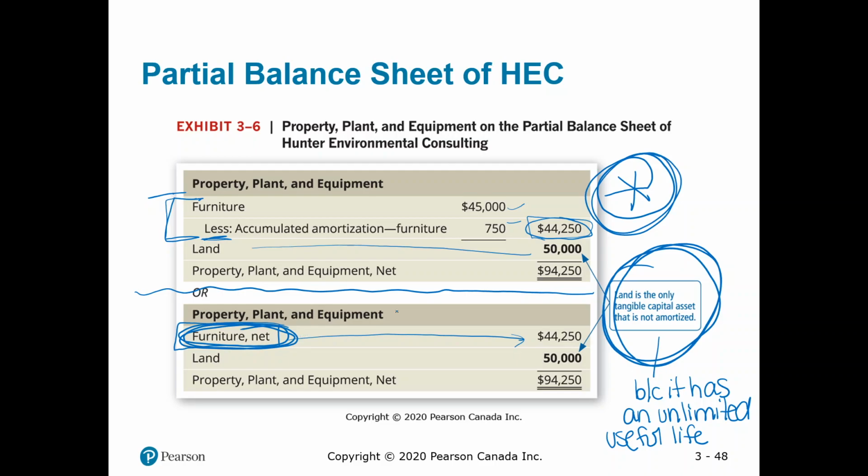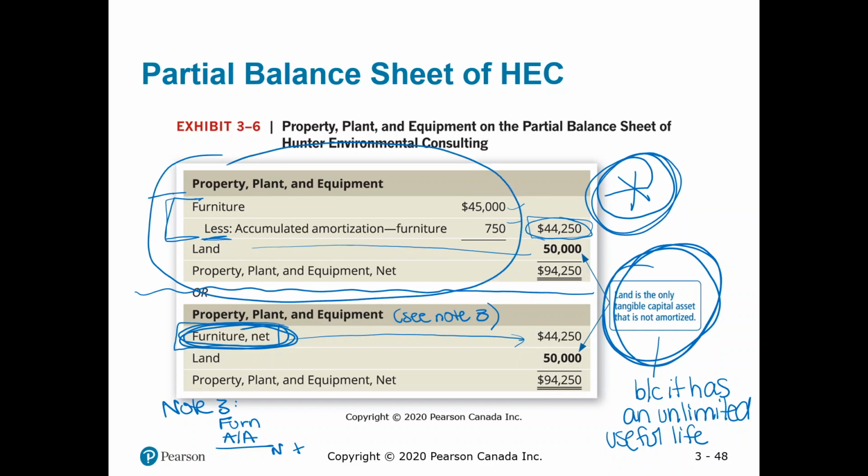So it would say, see note 3. And in note 3, if you looked further in the notes, it would show furniture, accumulated amortization, and net. So somewhere in the statements, you need to show all of this information. For our purposes, we're just going to do it this top way, as it is broken down right in the balance sheet.